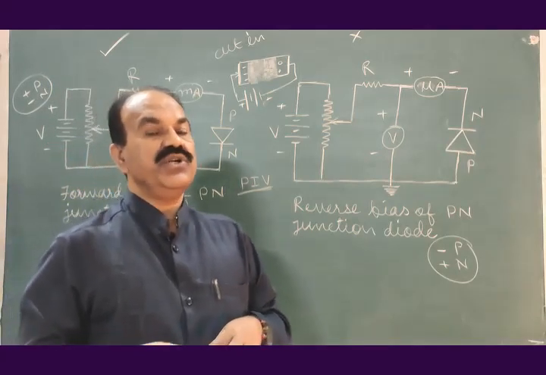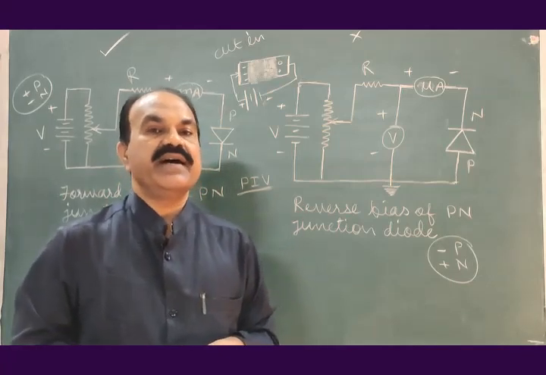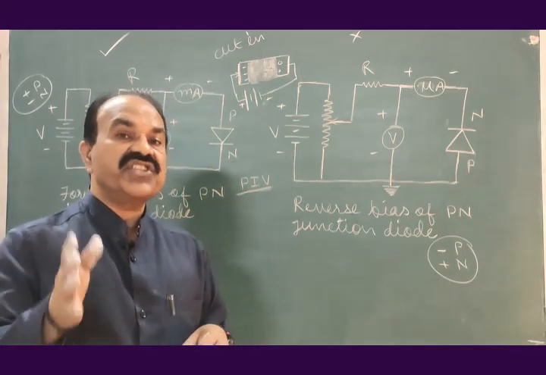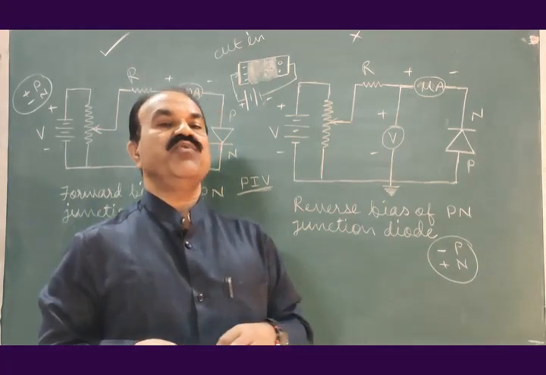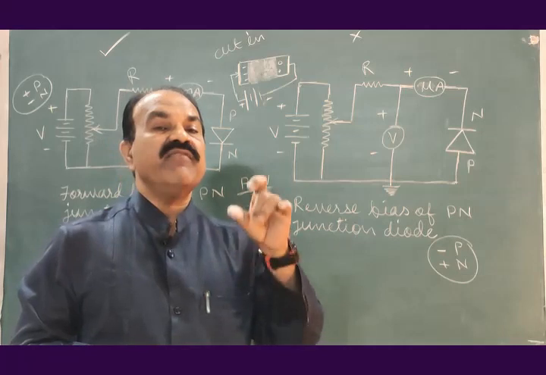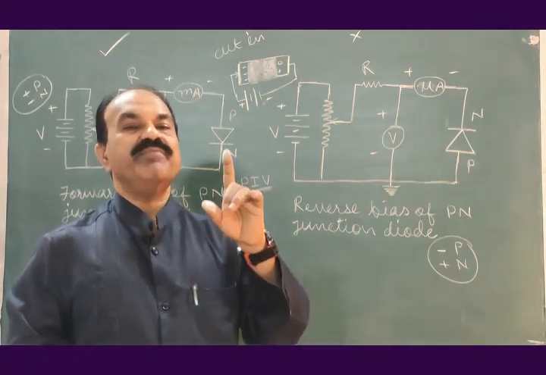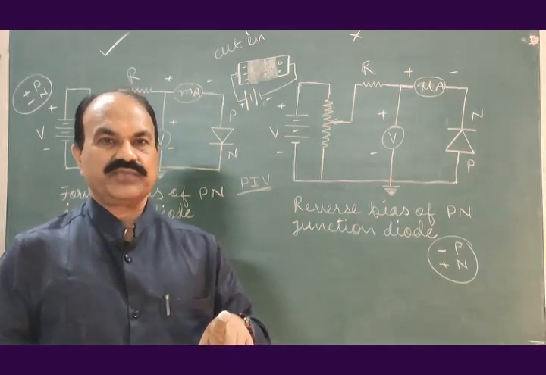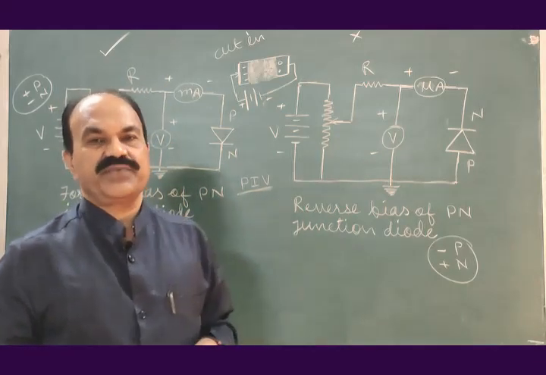Peak inverse voltage: whenever the diode is connected in reverse bias, it can withstand up to a certain negative voltage. The maximum value of reverse bias voltage given to the PN junction diode is known as PIV, peak inverse voltage.